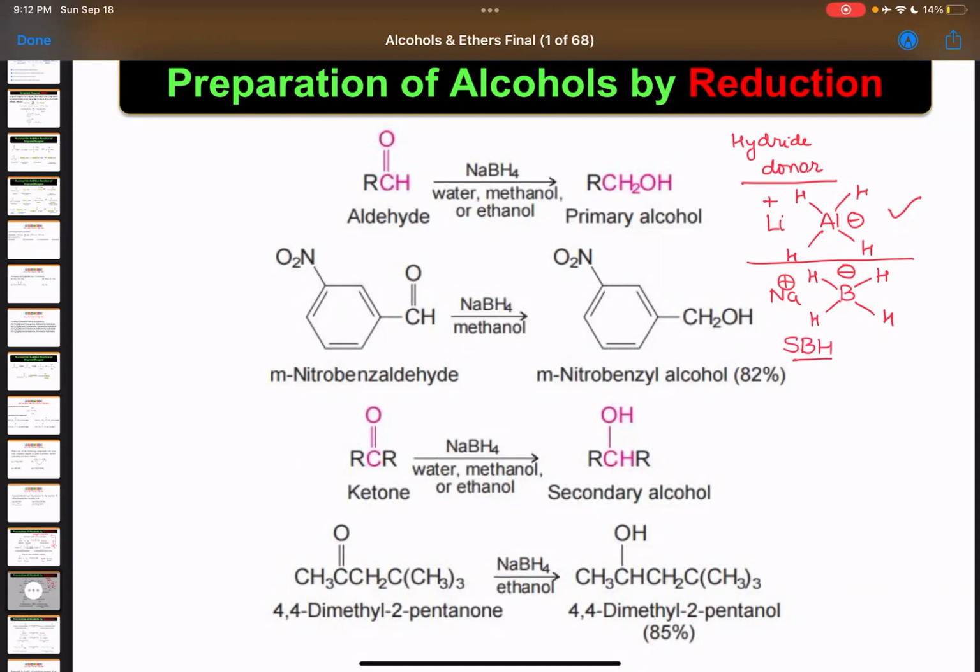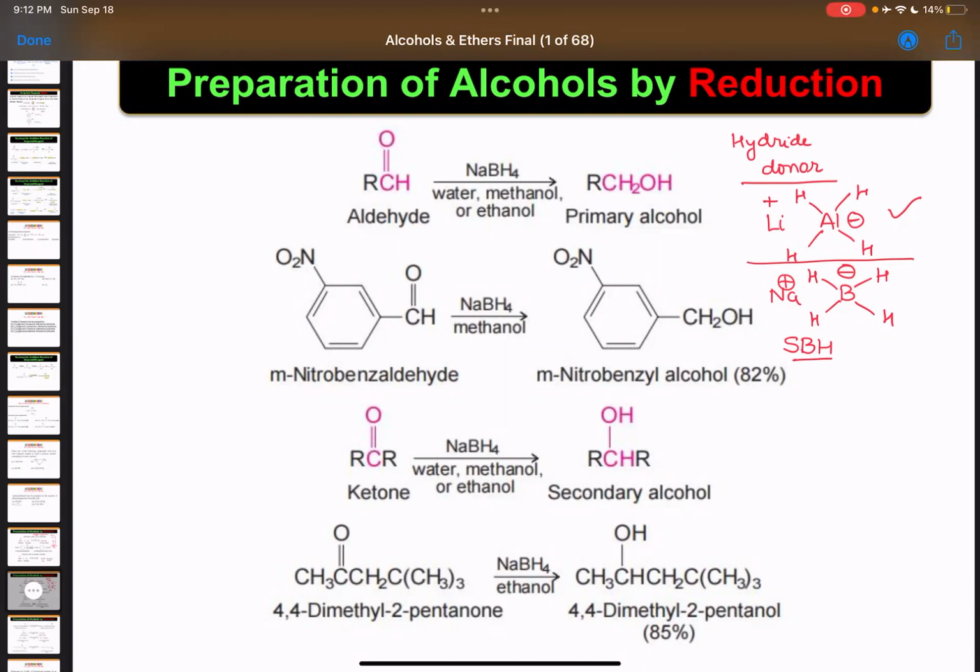So which one is the stronger reducing agent? Maybe lithium aluminum hydride. Yeah, that is the stronger reducing agent because H minus can break away more easily. So it is stronger than NaBH4.